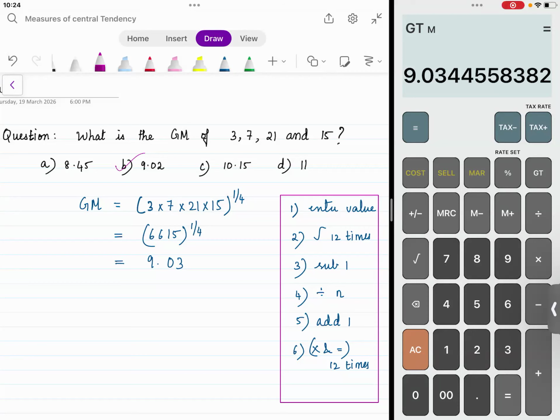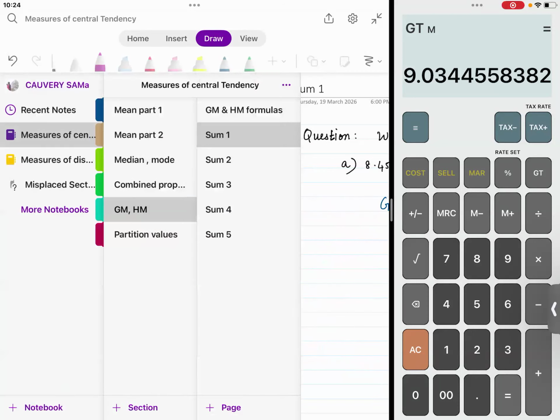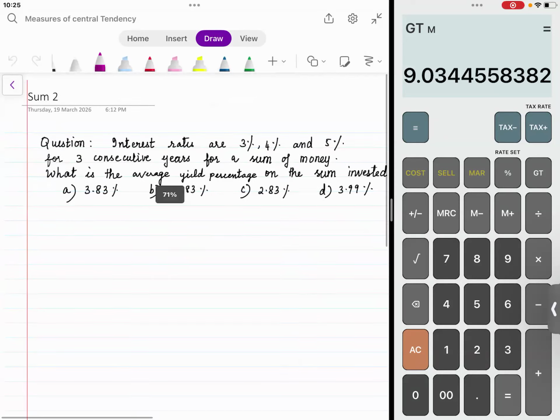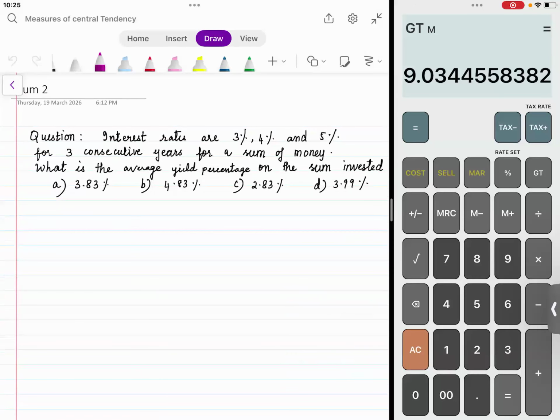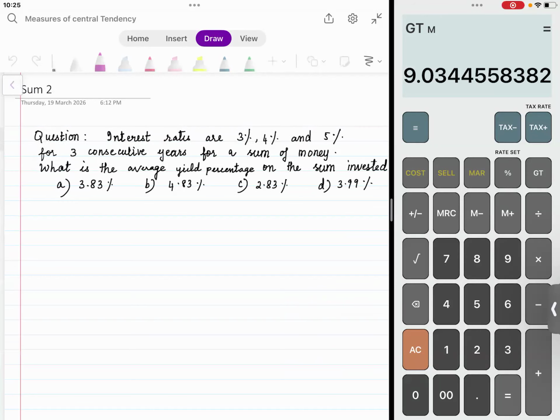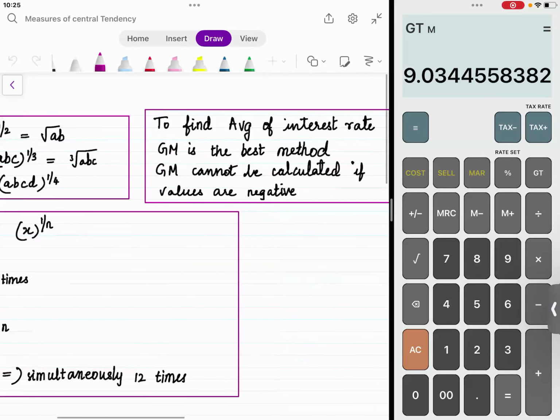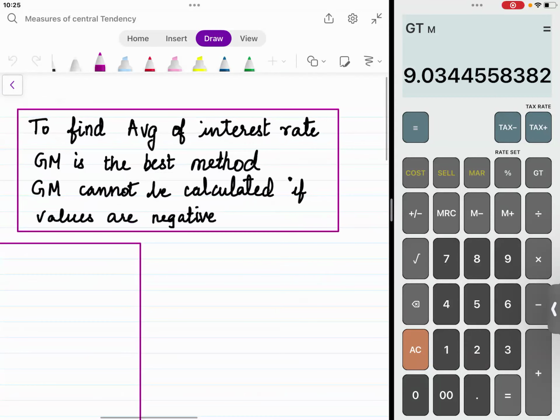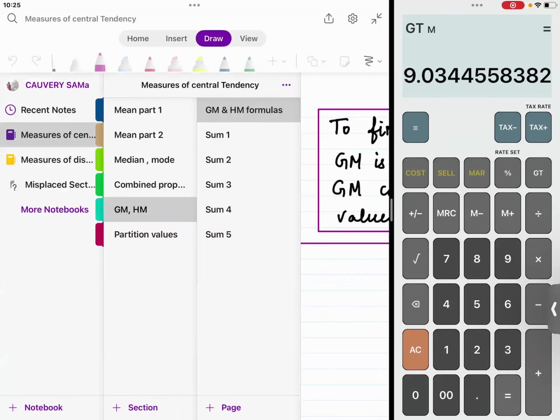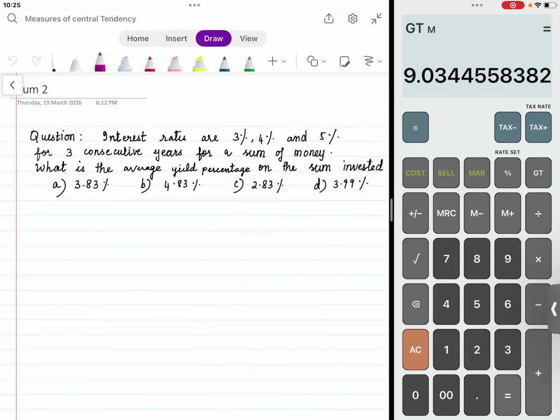Let's go to the next sum. Here they are given three interest rates and they are asking what is the average yield percentage on the sum invested. So let us go to the formula page. To find average interest rate, geometric mean is the best method. So here they are asking us to find average interest rate only, so we'll go with the geometric mean.